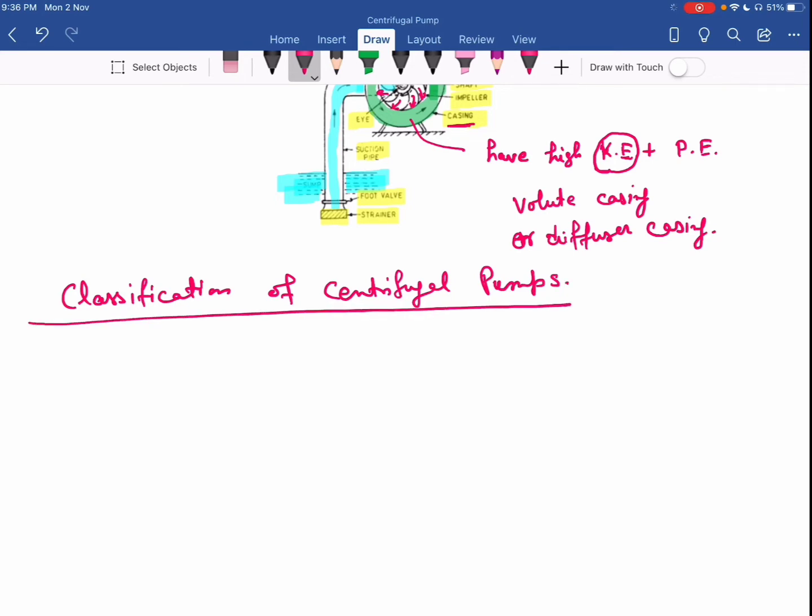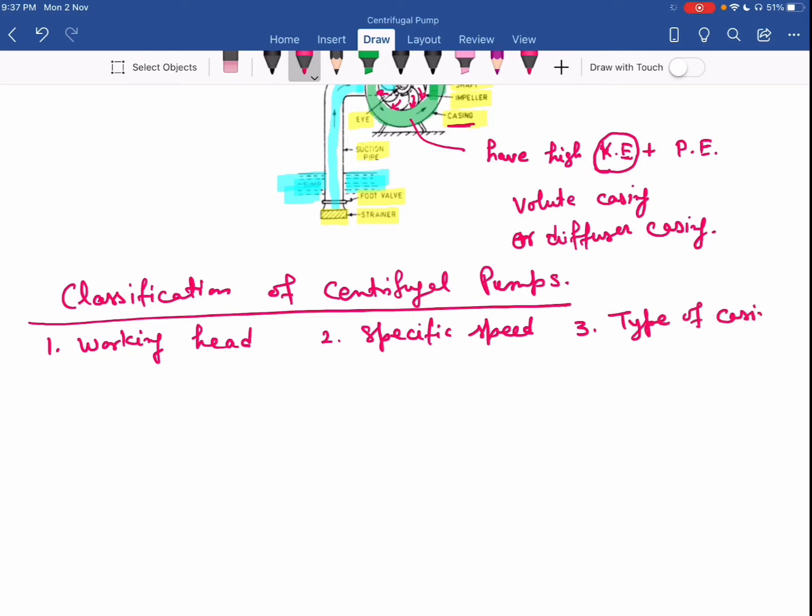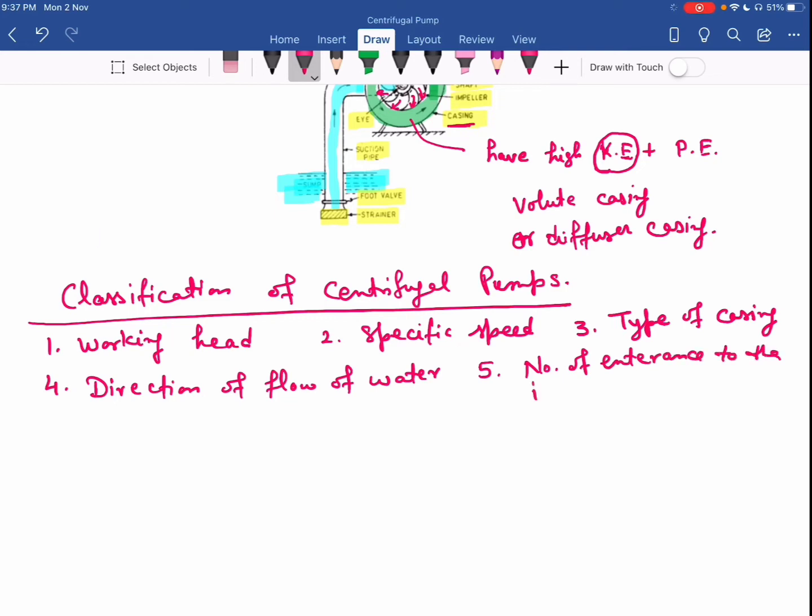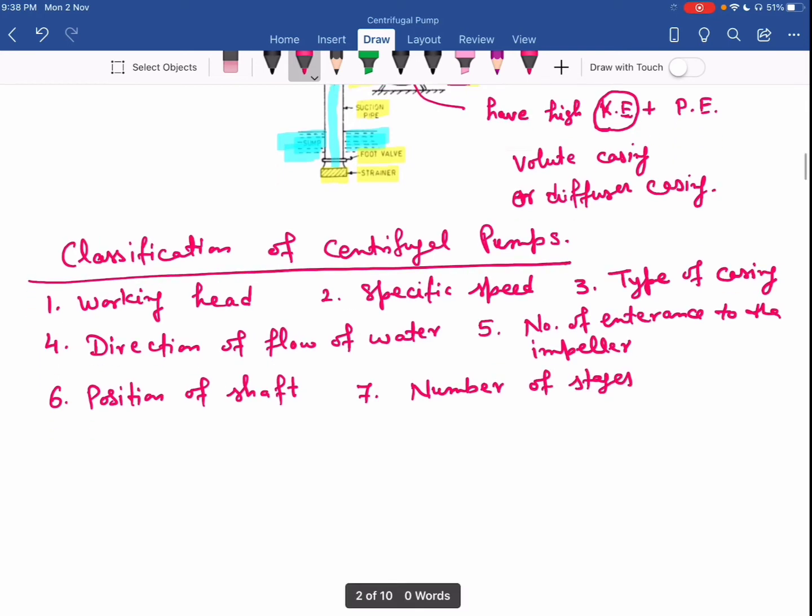The pumps are classified on the basis of, number one, working head; number two, specific speed; number three, type of casing; number four, direction of flow of water; number five, number of entrances to the impeller; number six, position of shaft; and the last one is the number of stages.